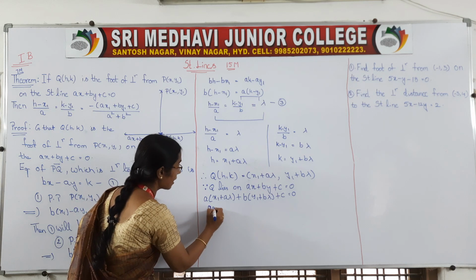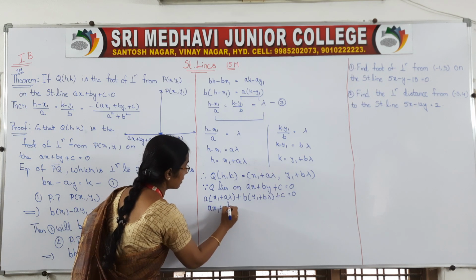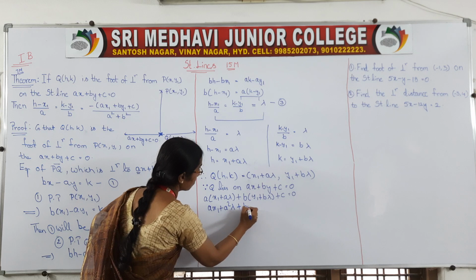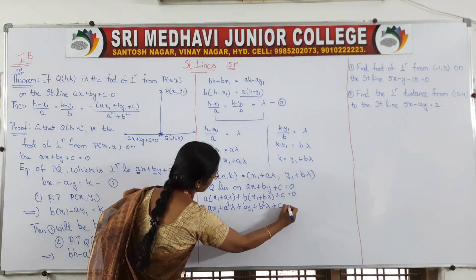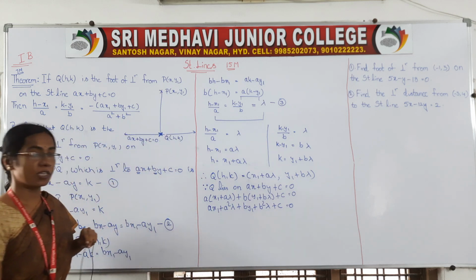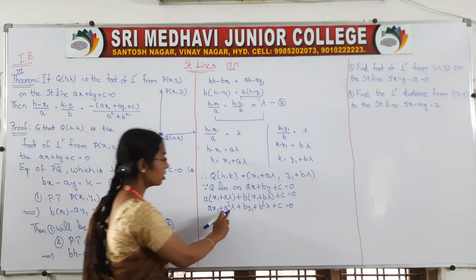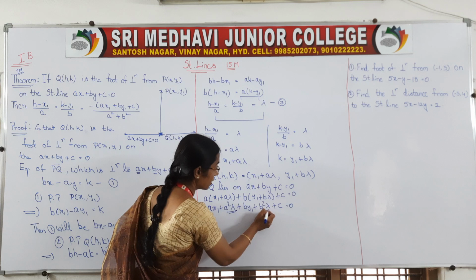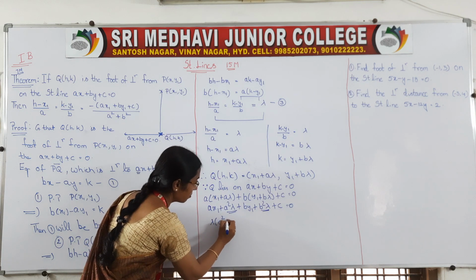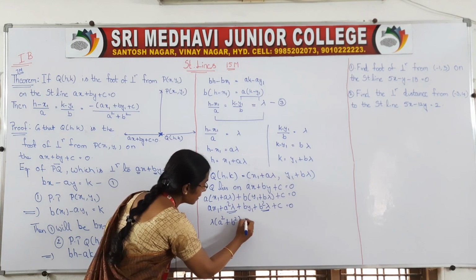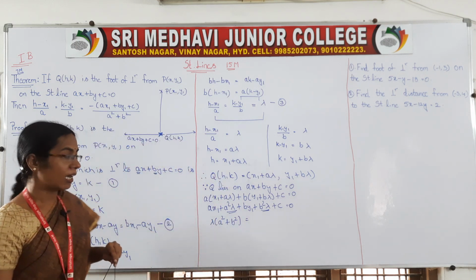So we can write this as a x1 plus a square lambda plus b y1 plus b square lambda plus c is equal to 0. If you observe, this is a lambda term, this is also a lambda term. You can take lambda common from those values and send the remaining values to the other side.